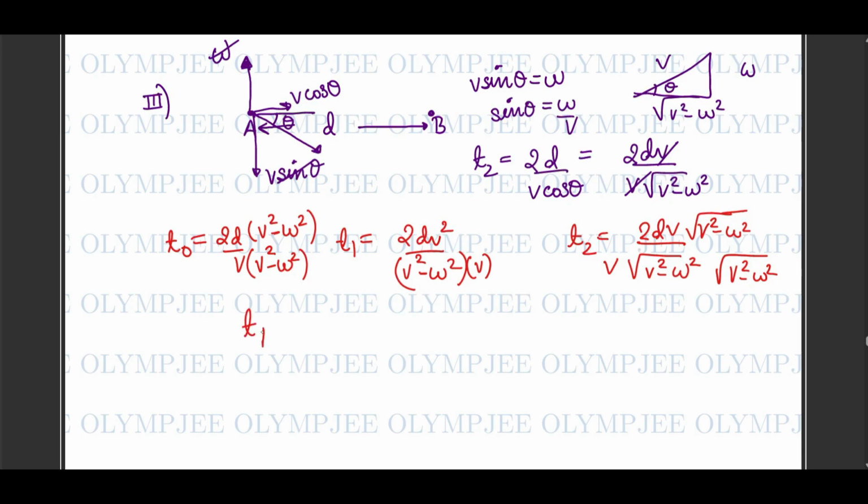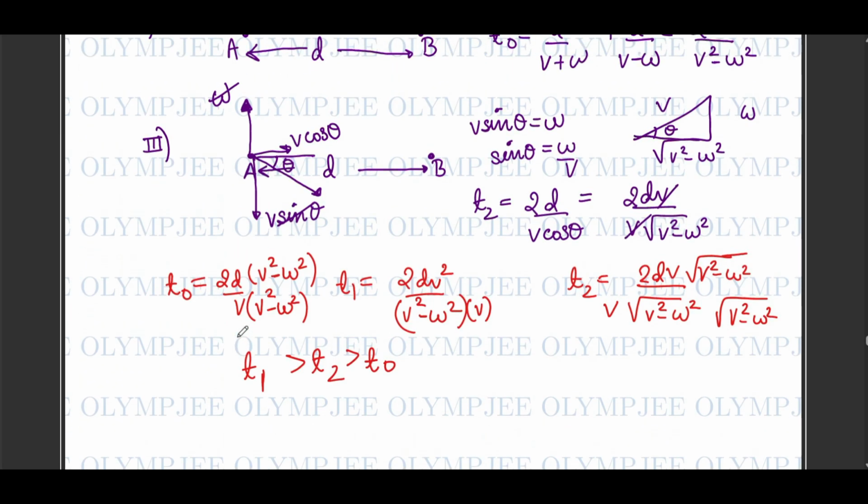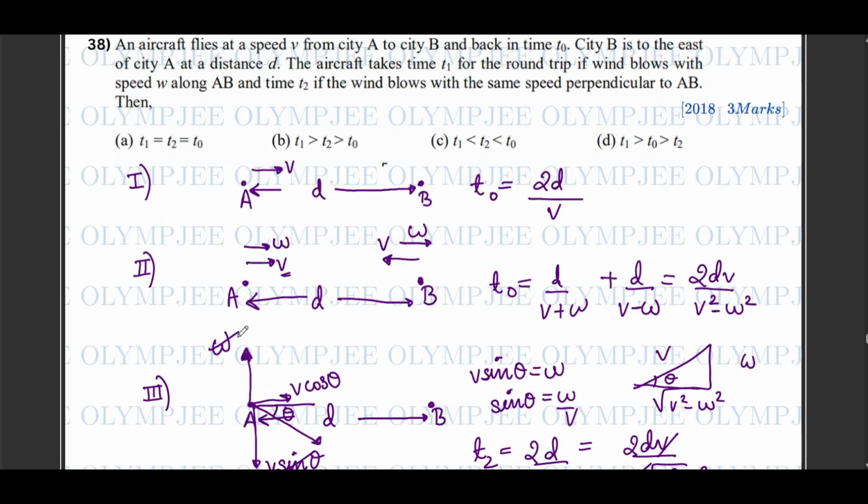So T1 will be the greatest, then T2, then T naught. To compare T2 and T1, you can take any example. You can choose V and W as 2 and 4 and calculate, because it should hold for all values. So you will get that T2 is greater than T naught. So the answer will be option B.